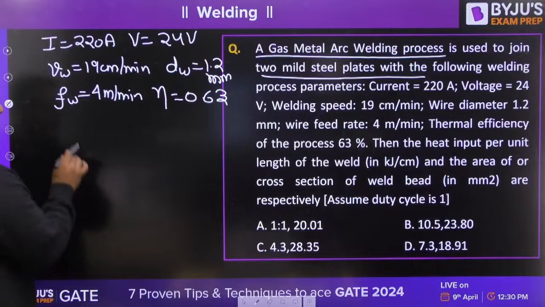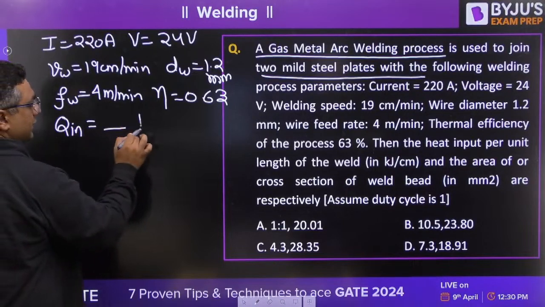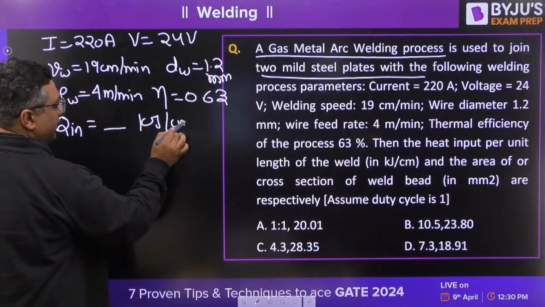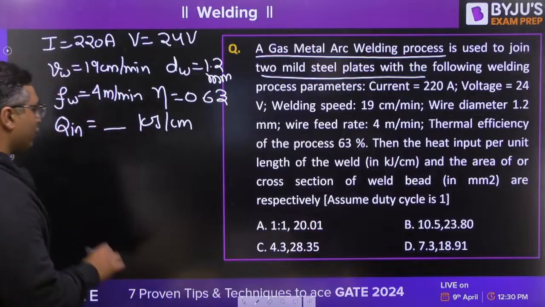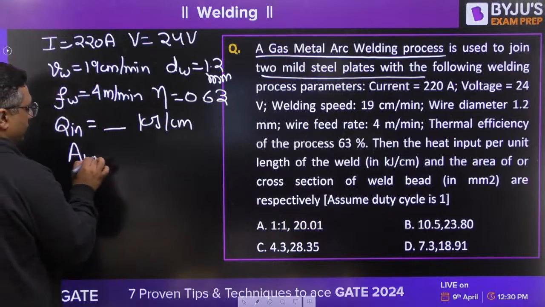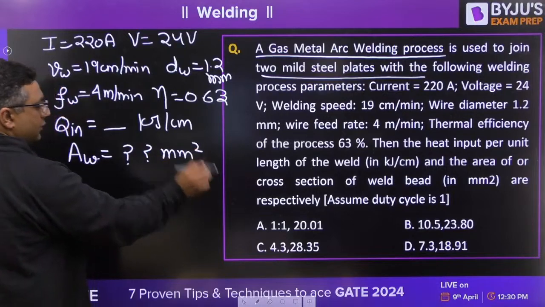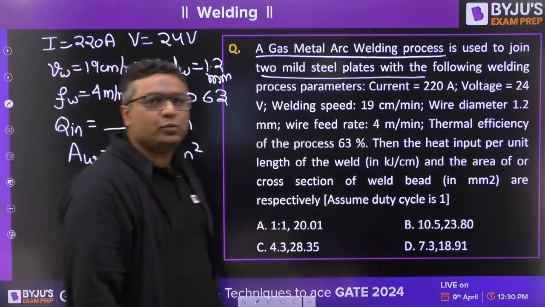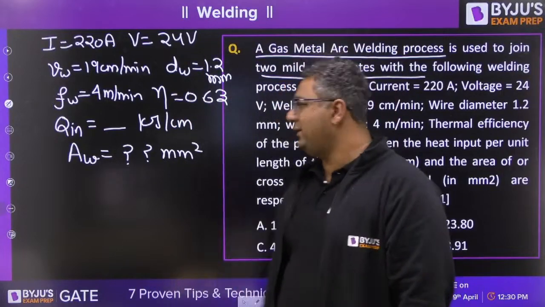Heat input per unit length in kilojoule per centimeter, you need to answer this, and they are asking the area of cross section of weld. Assume the duty cycle means the arc is switched on throughout the cycle time.